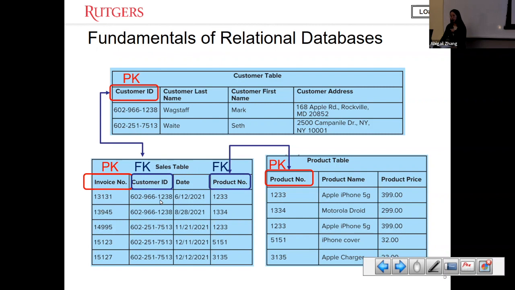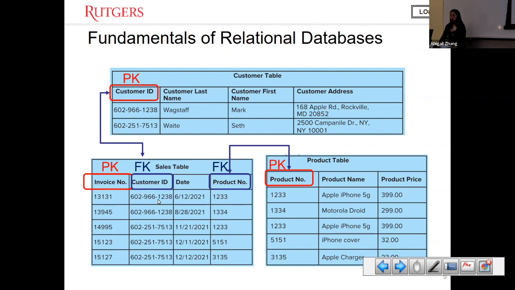Which means if we look up this 0602 1238, then that corresponds to this customer Mark Wagstaff, right? And now we know where this customer lives.